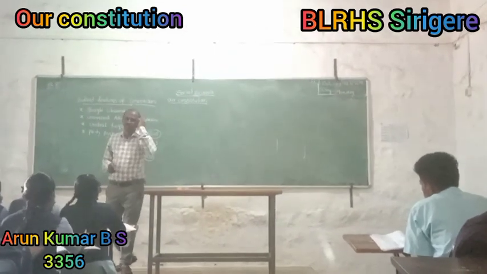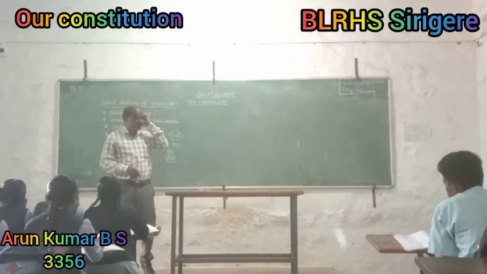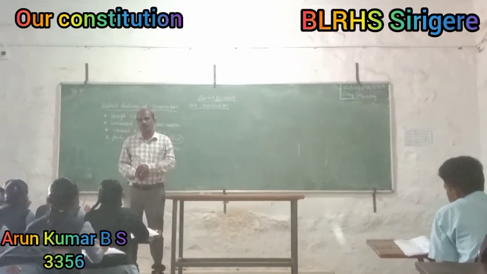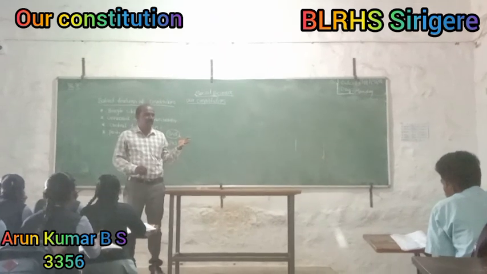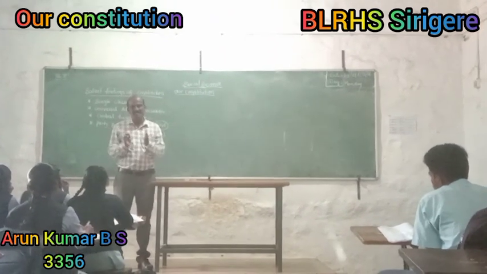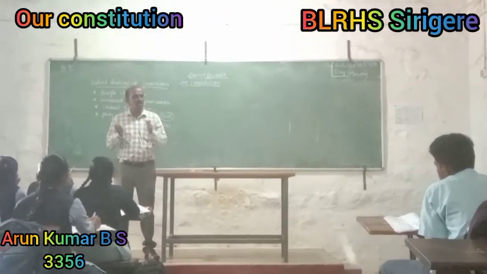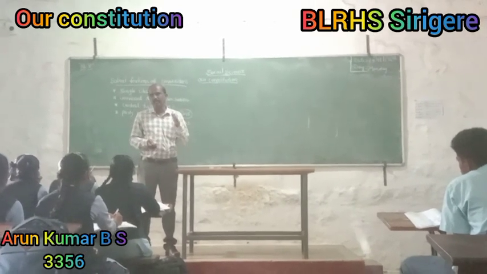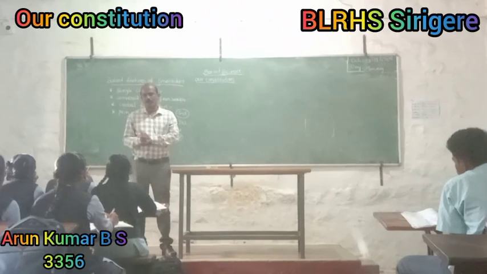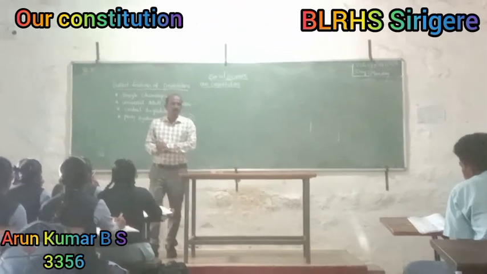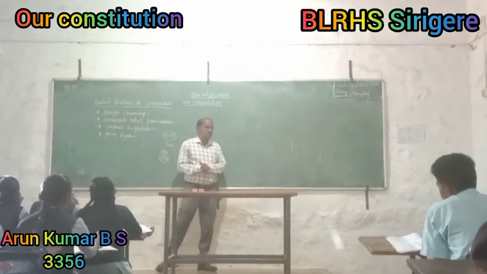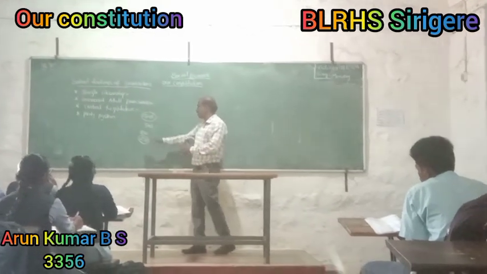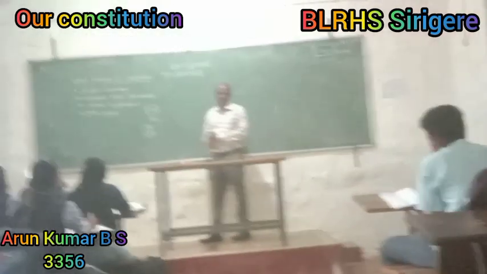After the constitution came into existence, we adopted the multi-party system. There are so many parties in our political field of India. Here, the party which holds the majority of seats forms the government. I told you that the Lok Sabha has 545 seats.